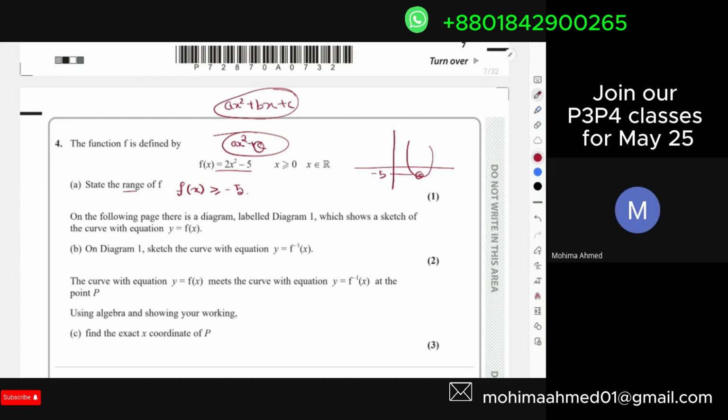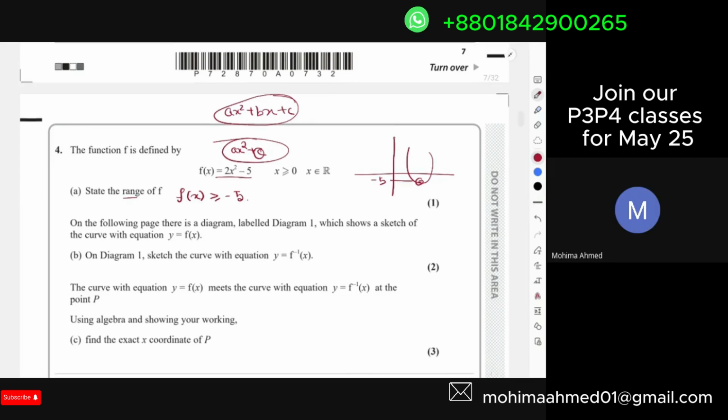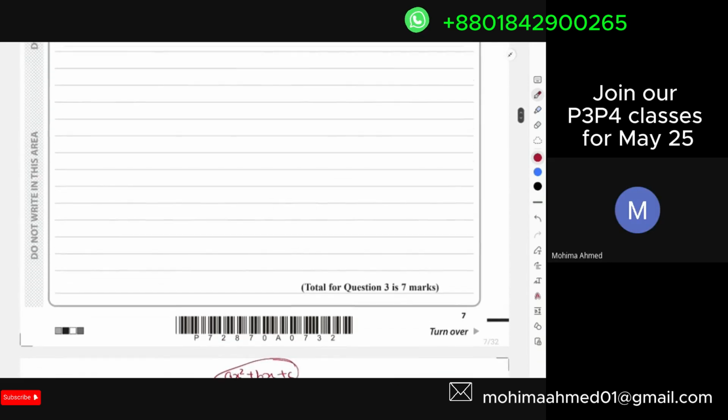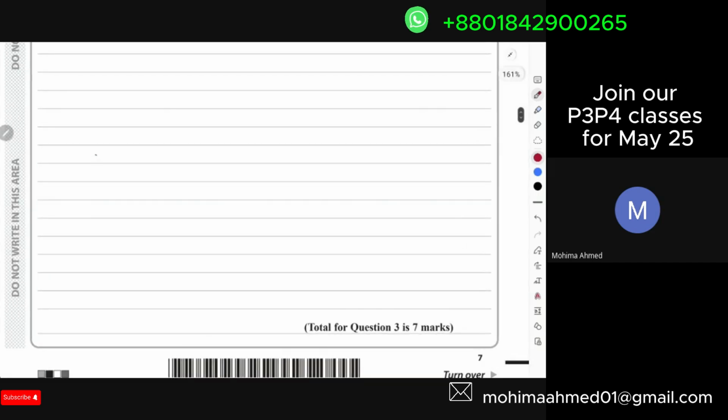No. If the equation was given in the format of ax² + bx + c, that means the entire quadratic equation was given. In that case, I cannot understand where the turning point is, right? So you have to write this in completing the square format. From here, I can understand that your turning point coordinates are minus B and C, right?